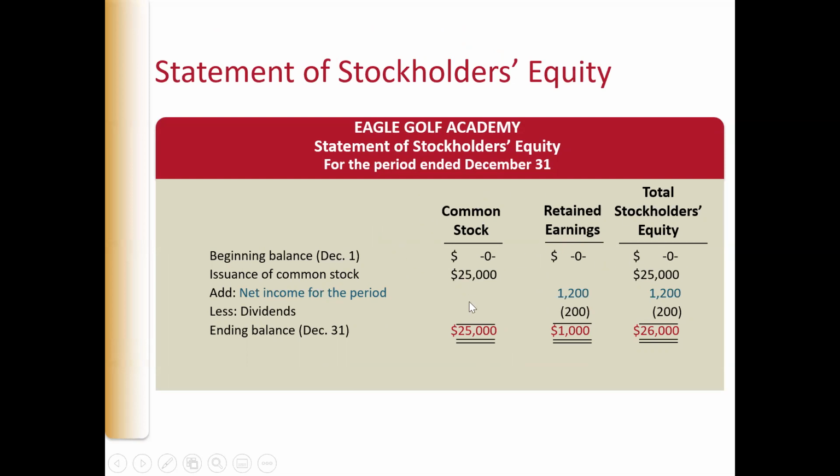We'll show our common stock, our net income that came from the income statement, and our dividends. And we have a completed statement of stockholders' equity. This statement gives us the amount of common stock and the amount of retained earnings. We need both of those in order to complete our balance sheet.